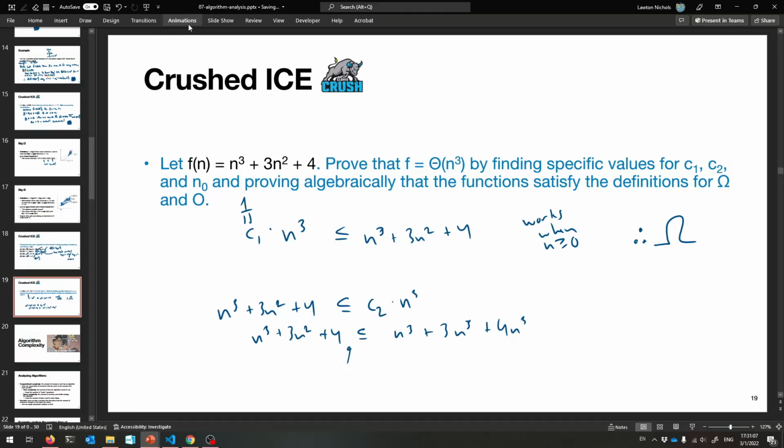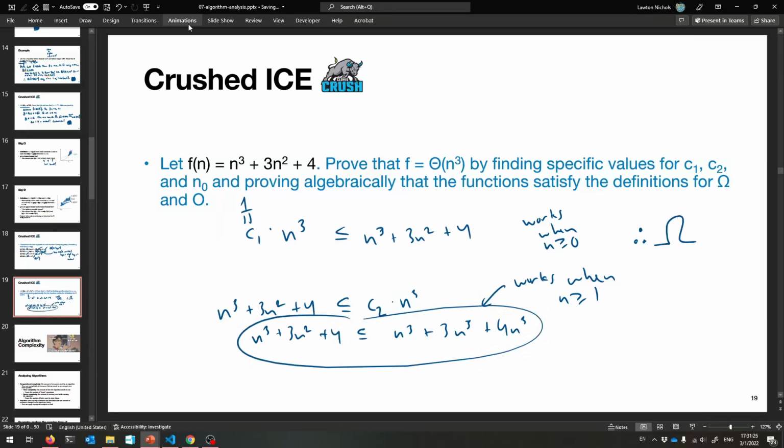I gave everybody an n cubed. It's always bigger, right? And again, this is always true. This works when n is greater than or equal to 1 now. Okay? Because that 4, when it was 0, didn't really work, but once n is 1 or bigger, it's always going to work. Okay? And this is equal to 8n cubed, right? 4, 7, 8.